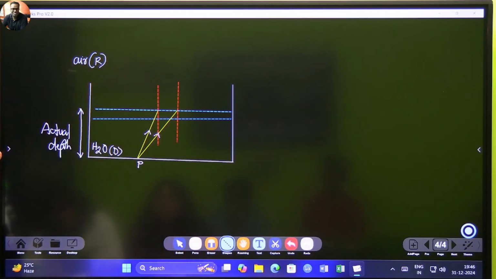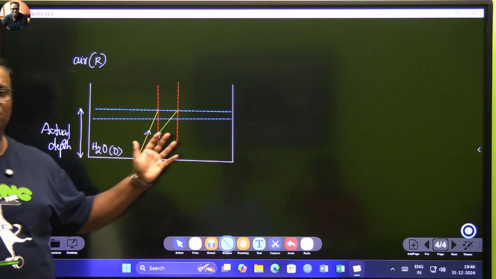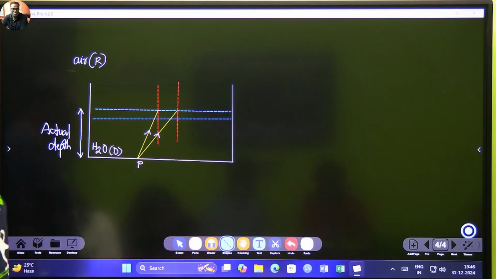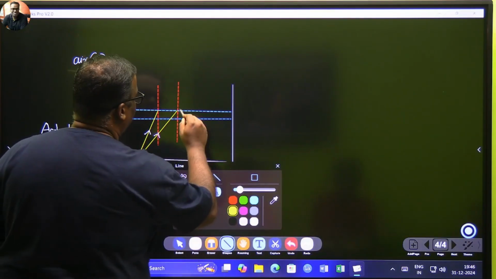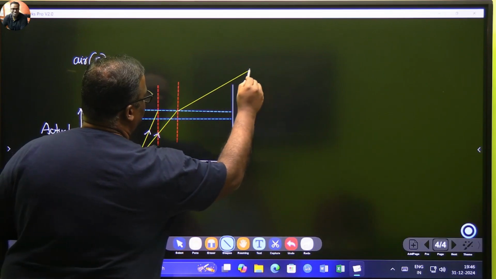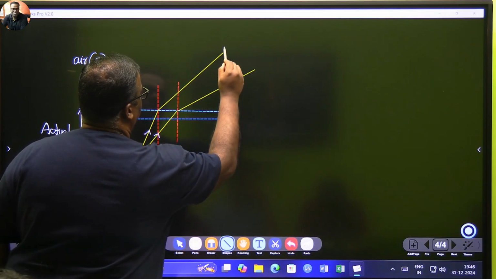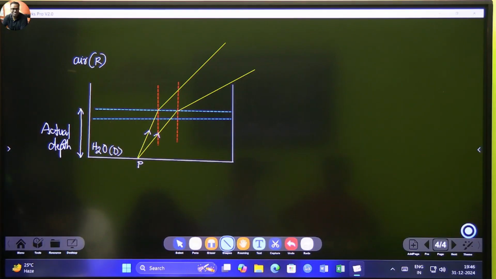What do you expect now? Light is going from denser to rarer. So what should the light do? Bend away from the normal. Okay. So let's say it bends away from the normal. This ray has bent like this, and this ray has bent like this. Both the rays have bent.